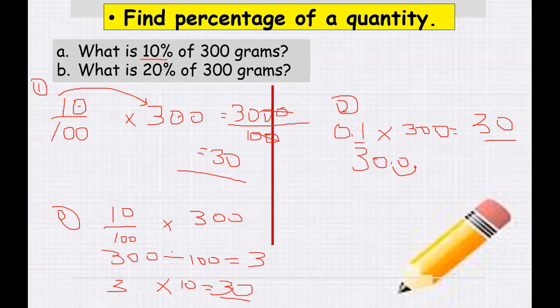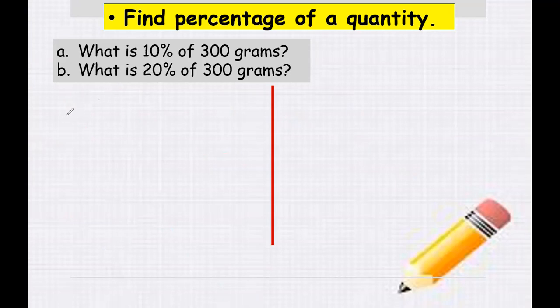Now let's try to do letter B. So 20% will be written as 20 over 100. Of means times, and times 300. Now let's multiply 2 times 3, which is 6.